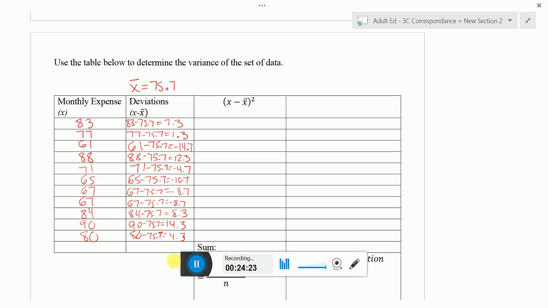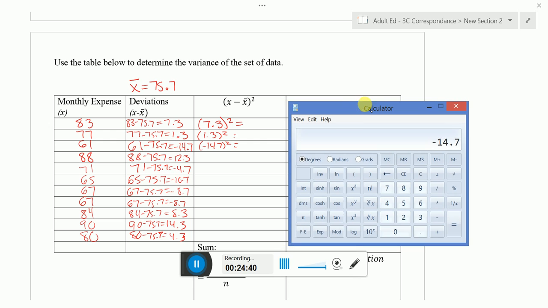The next part, to find the variance and the standard deviation, I take those deviations, those differences, and I square them. So I have 7.3 squared, 1.3 squared, negative 14.7 squared, and so on. All of these should end up being positive. The reason we square it is to make sure that each number is positive.